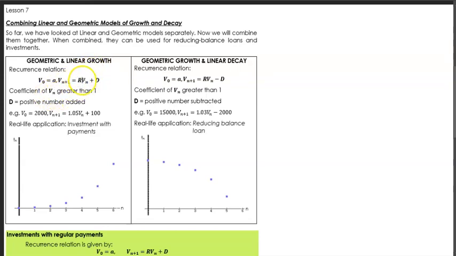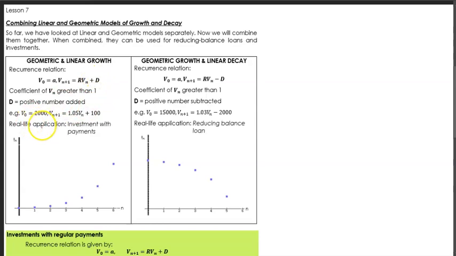The common ratio r will always be greater than 1, and that's normal for geometric growth. And then this thing that tags along here has to be a positive number that's added. It doesn't matter whether it's between 0 and 1 or greater than 1, that makes no difference, no pun intended, as long as it's added at the end.